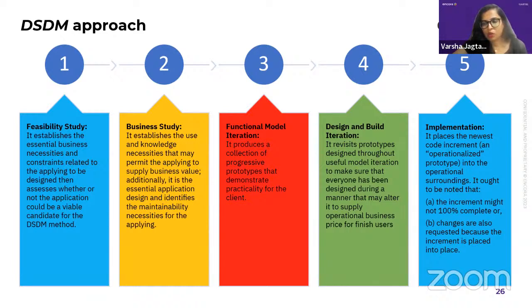It should be noted that the increment might not be 100% complete. Changes are also requested because the increment is placed into production. If you see 1, 2, 3, the output of every phase is detailed by DSDM.